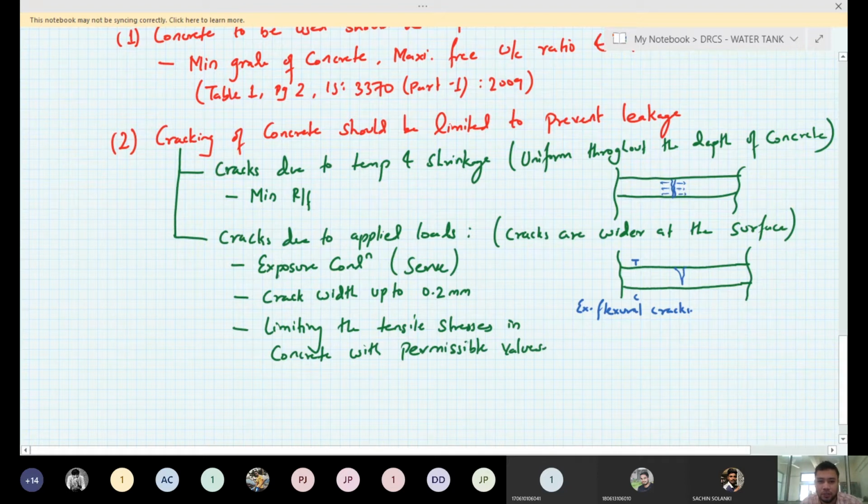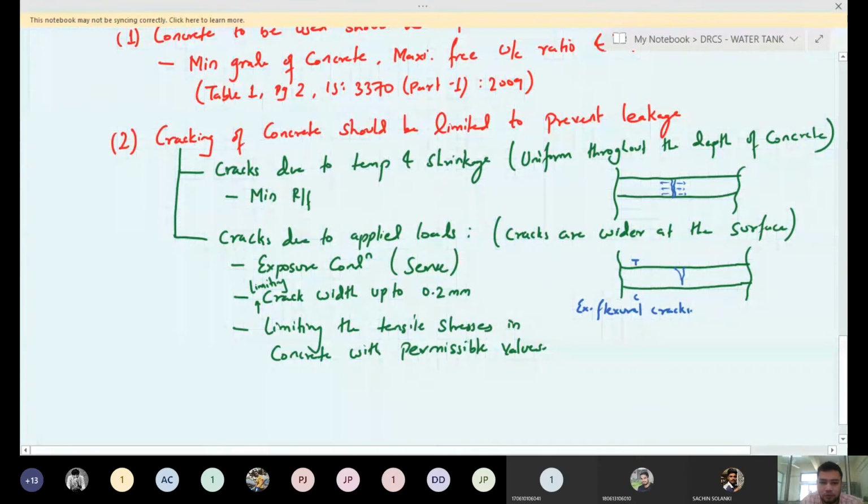Means you ensure that the exposure condition is severe or above. You ensure that the crack width is limited to 0.2 mm only. You can write limiting crack width up to. Then limiting the tensile stresses in concrete within permissible value.